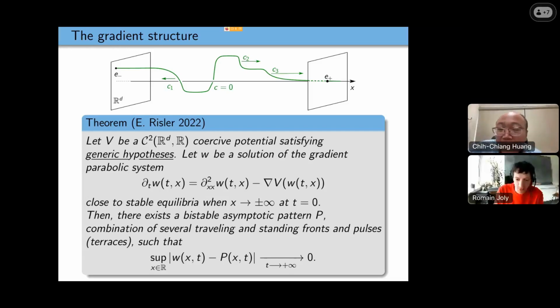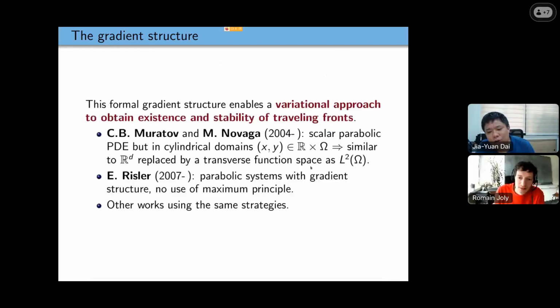You also mentioned that some people are studying traveling waves in a cylinder, with a bounded cross-section, right? And here you consider the whole real line X. Do you think you can easily generalize your result to cylindrical domains?